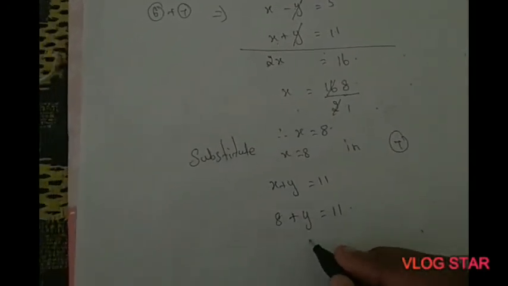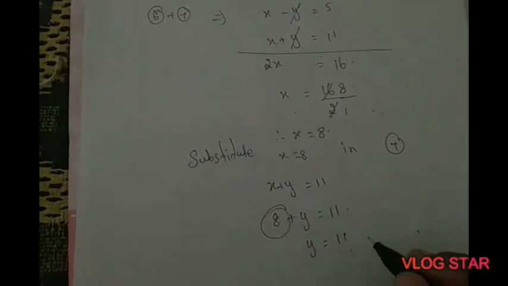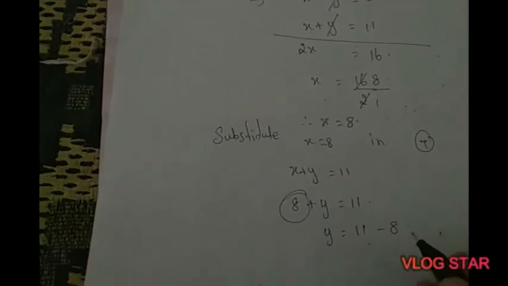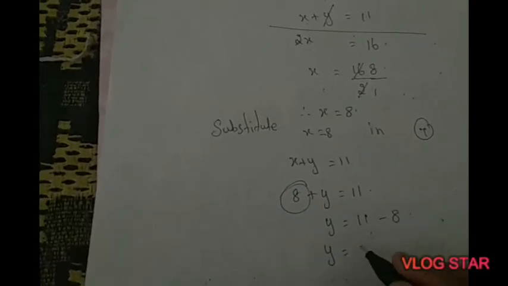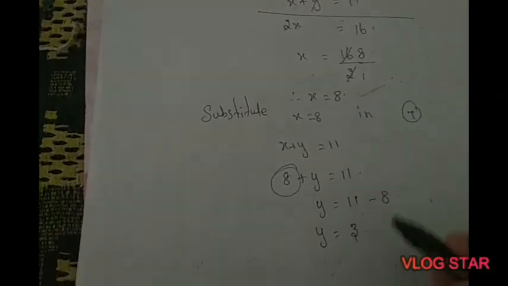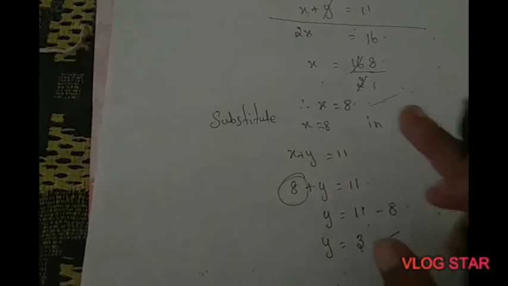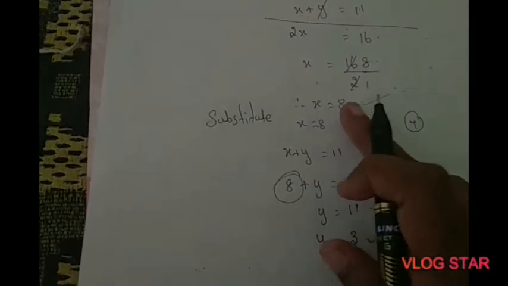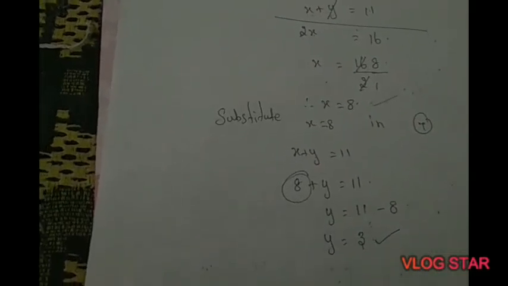Okay, then y equal to 11. This is under addition, that will interchange to subtraction. Then y equal to 11 minus 8, 3. Okay, now we get x equal to 8 and y equal to 3. Last you write, therefore, the solutions x equal to 8 and y equal to 3 are the solution of the pair of linear equations.